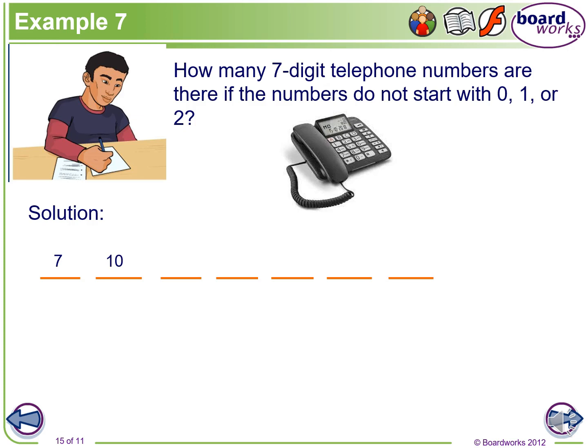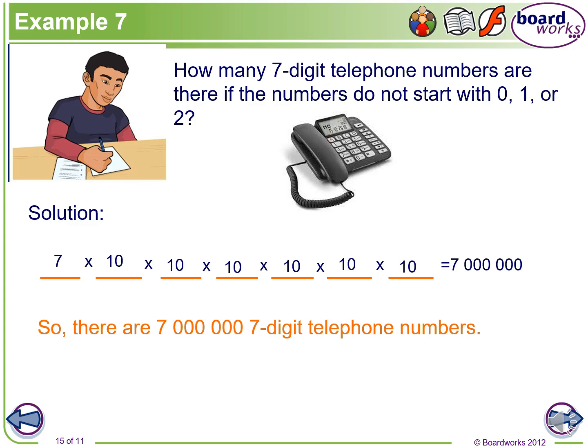Why 10? Because there are 10 total numbers to choose from, 0 to 9. The same with the next digits up to the last digit. And get the product, that is equal to 7 million. You can say that there are 7 million 7-digit telephone numbers.